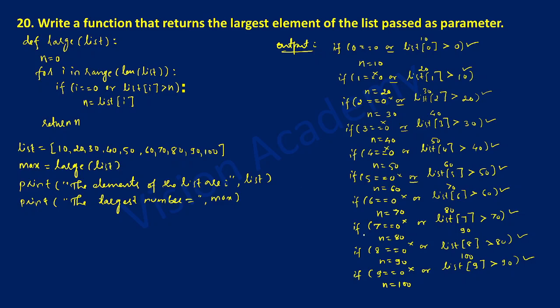Once again, control transfers to the for loop by incrementing the value of i by 1. Now i value is what? 10. Then control comes out of this iterative statement and it is going to return n. It is going to initialize to max.